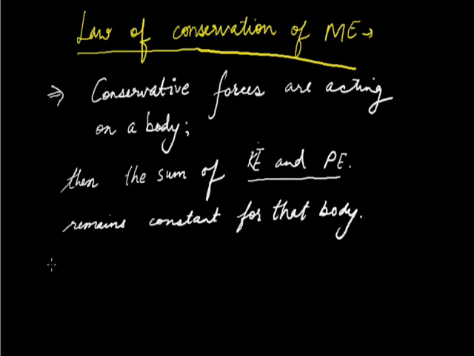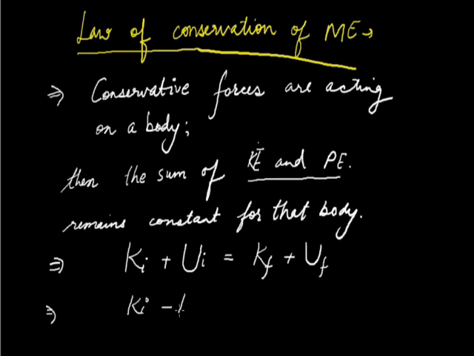Now, we have to prove that the initial kinetic energy plus initial potential energy is equal to the sum of final kinetic energy and final potential energy. For this, if the process happens, Ki minus Kf is equivalent to Uf minus Ui.